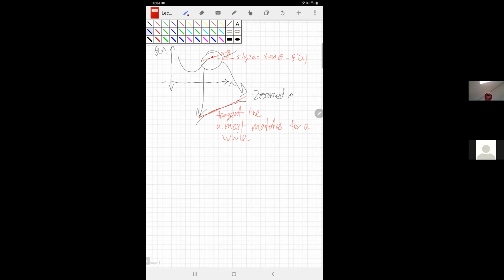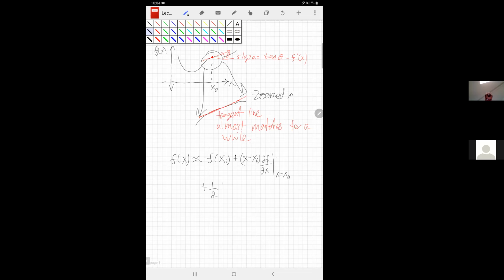Let's add a quadratic term. So instead of just saying that f of x is approximately equal to, if I call this x naught, plus x minus x naught times the derivative evaluated at that point, let's add a quadratic term.